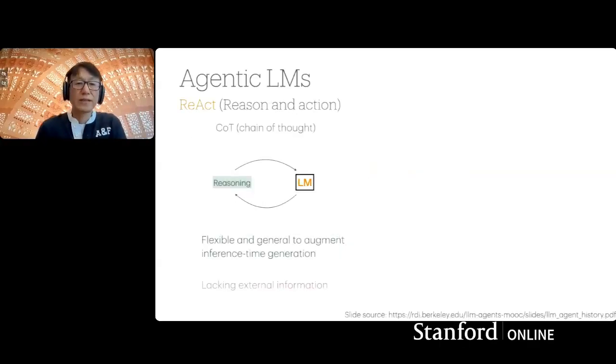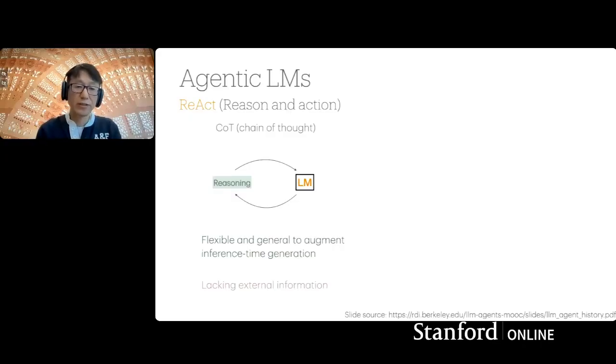The other way to look at it is this: agentic language model usage can be defined as it could reason as well as take action. It is also called ReAct, reason and action.